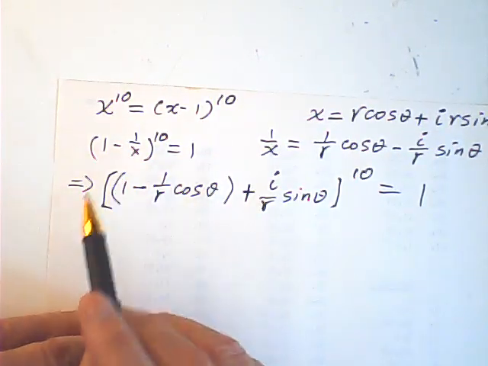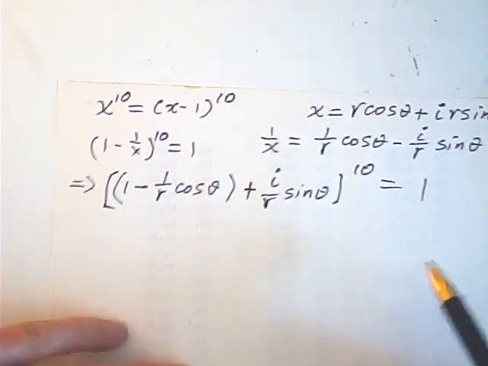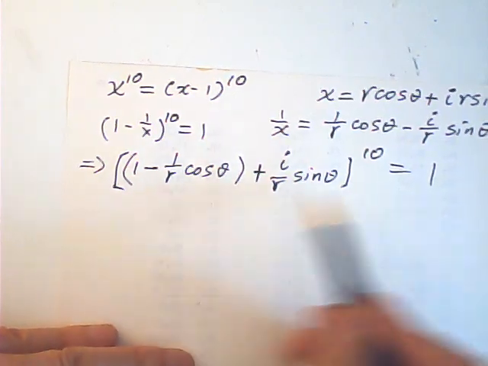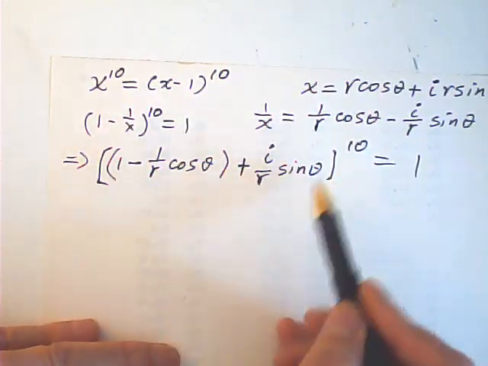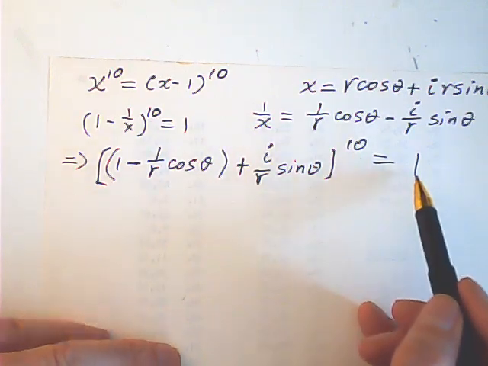Based on this one, right? 1 minus this one is equal to this. Yeah, that's correct.